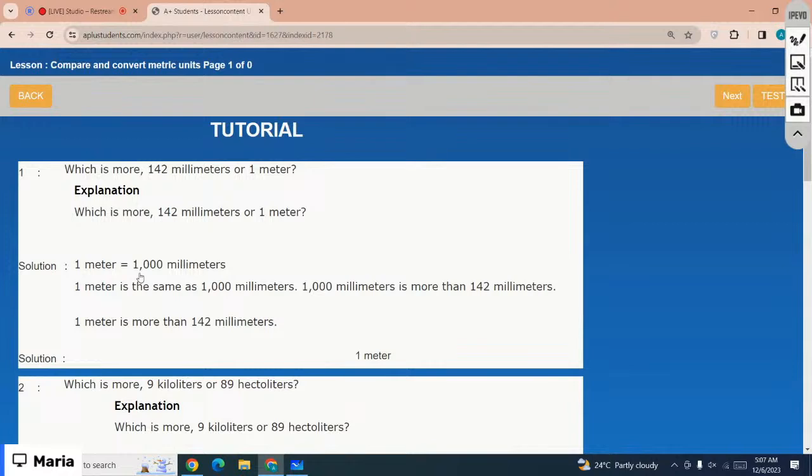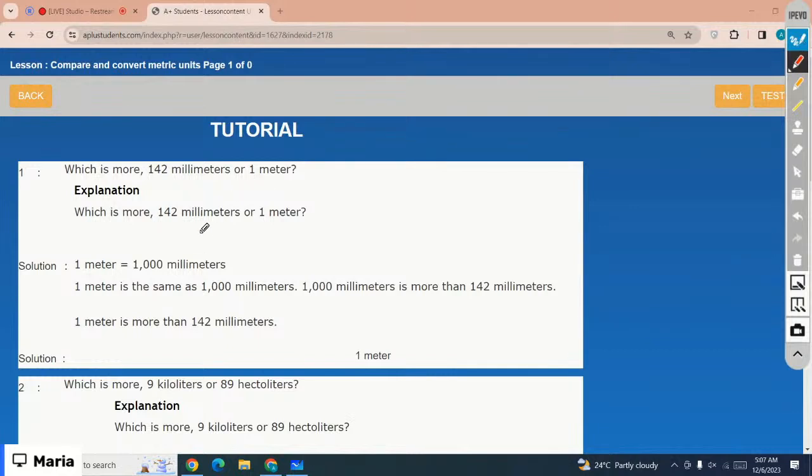So you have to convert either millimeters to meters or meters to millimeters. 1 meter equals 1000 millimeters. 1000 millimeters is more than 142, so 1 meter is more than 142 millimeters.